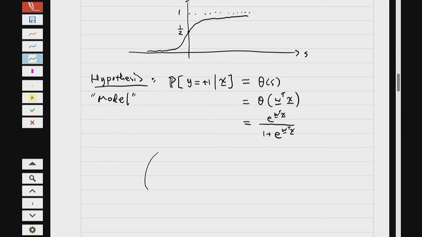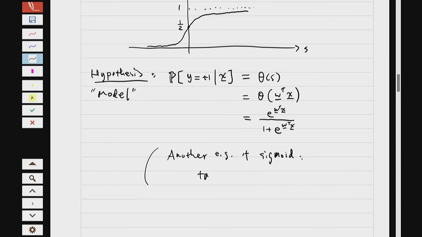Just as an aside, another example of a sigmoid function is the so-called hyperbolic tangent function.